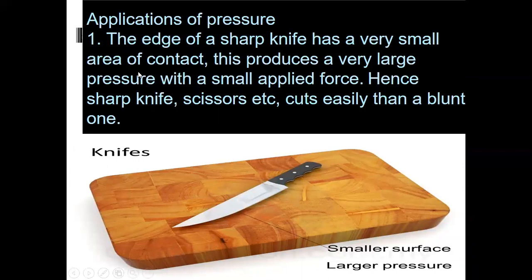Application of pressure. The edge of a sharp knife has a very small area of contact. This produces a very large pressure with a small applied force. Hence, a sharp knife, scissors, etc. cut easily than a blunt one.